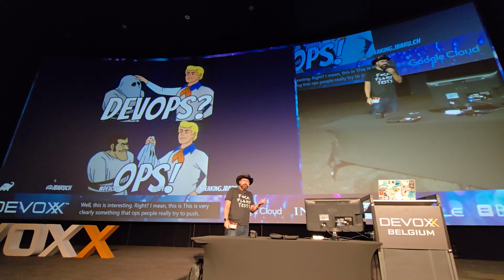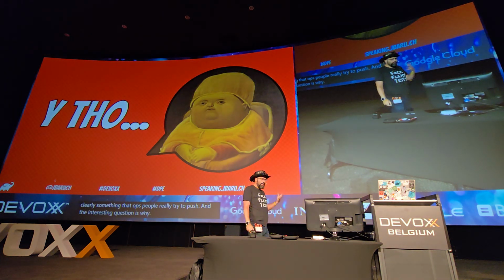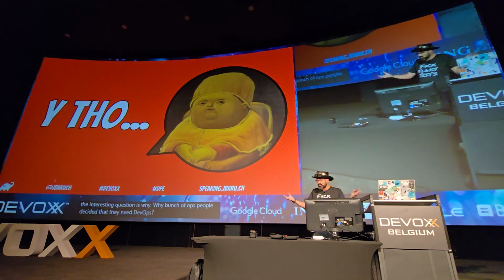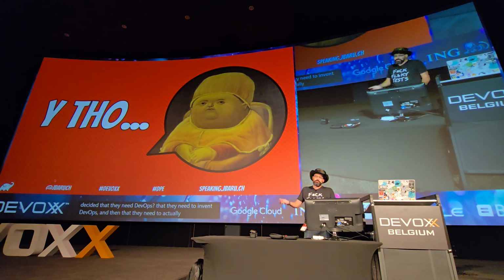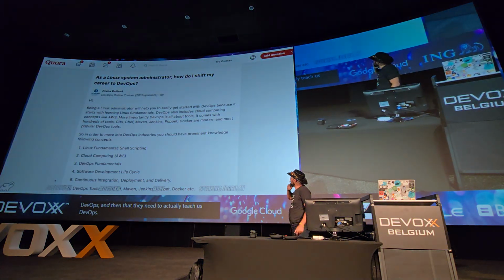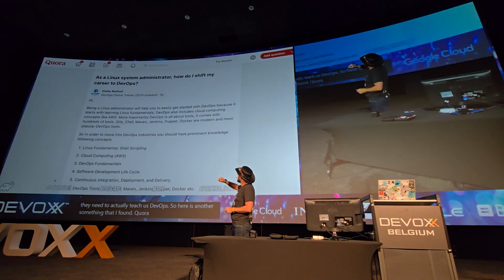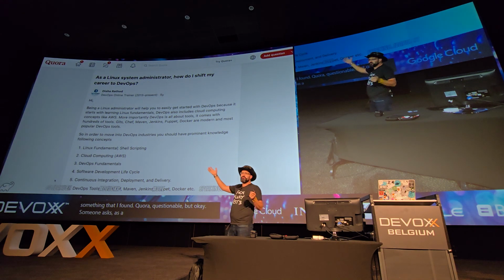And the interesting question is why? Why did a bunch of ops people decide that they need DevOps, that they need to invent DevOps, and then that they need to actually teach us DevOps? So here is another thing that I found. Quora, questionable, but okay. Someone asked, as a Linux administrator, how do I shift my career to DevOps?